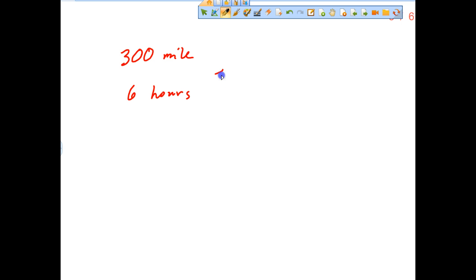So what does that mean? That means that it's about a 50 miles per hour trip for me. Now remember, 50 miles per hour, that is the average speed that I travel, correct? But the mean value theorem guarantees that at least at one point in time, I must have been traveling at exactly 50 miles per hour, right?